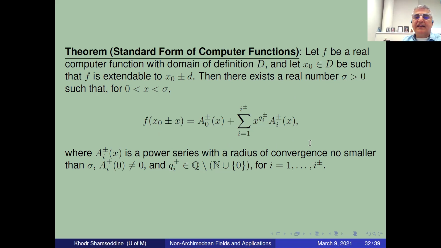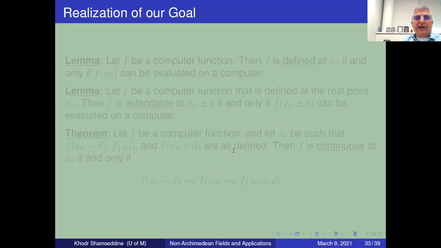So this applies to any computer function that can be extended to x0 plus or minus d, where the a0 and ai's are all power series. The qi's are rational numbers that are not zero or positive integers. These may come from root functions here. Okay. And we use this standard form to derive our necessary and sufficient conditions in an iterative way.